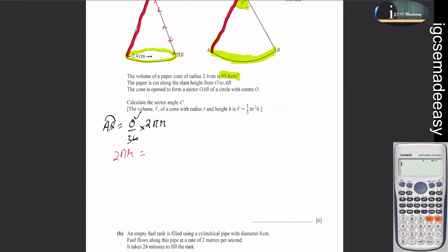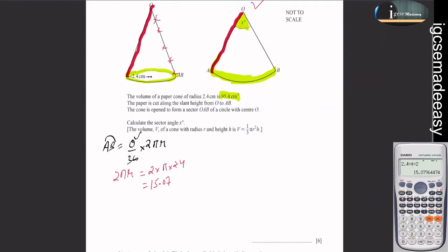So 2 pi r will be equal to 2 into pi into the radius of the circle, 2.4. Multiplying 2.4 into pi into 2 gives you 15.07, and 15.07 is this length.